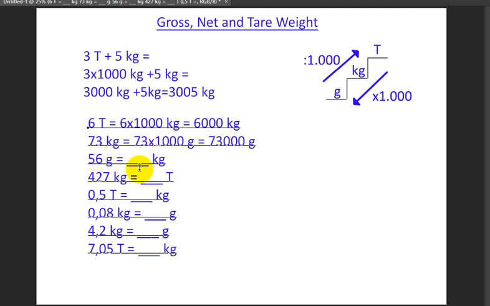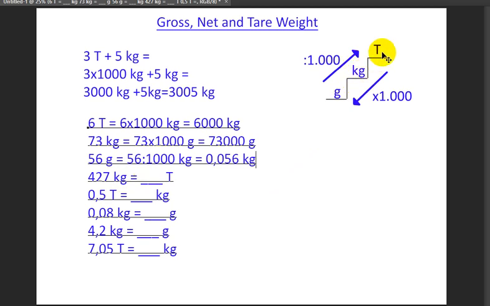Then I have 56 grams, and I want to turn it into kilograms. That means I'm going one step up, so I need to divide 56 by 1,000. If you remember correctly how we do these types of divisions, it's going to give me 0.056 kilograms. Then we have 427 kilograms, and we want to turn them into tons.